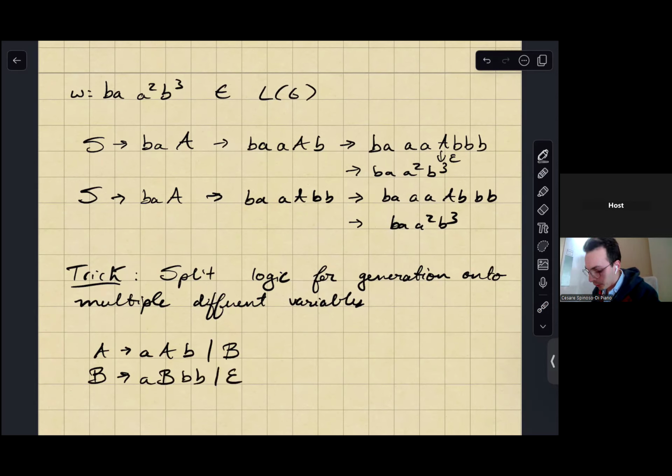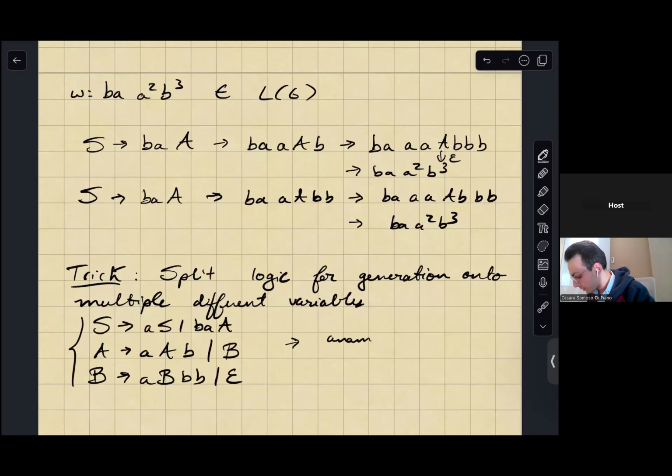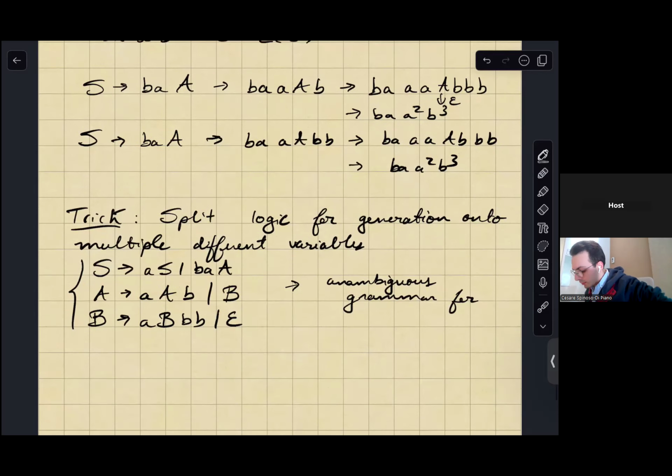So if you also add S with AS and then BAA, then altogether, this is actually an ambiguous grammar for L of G, okay?